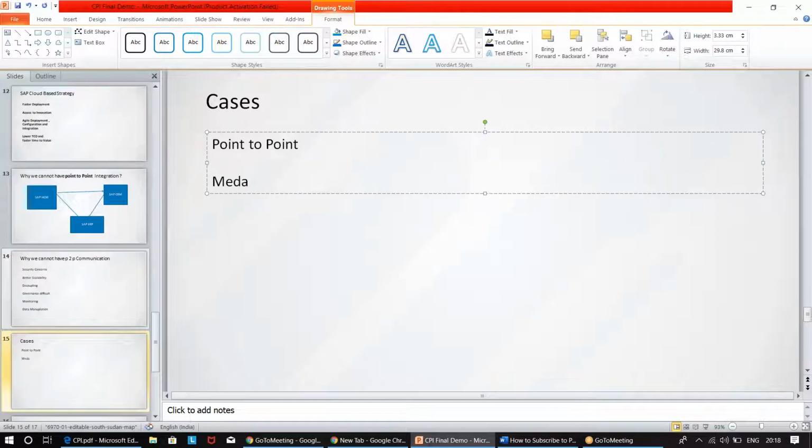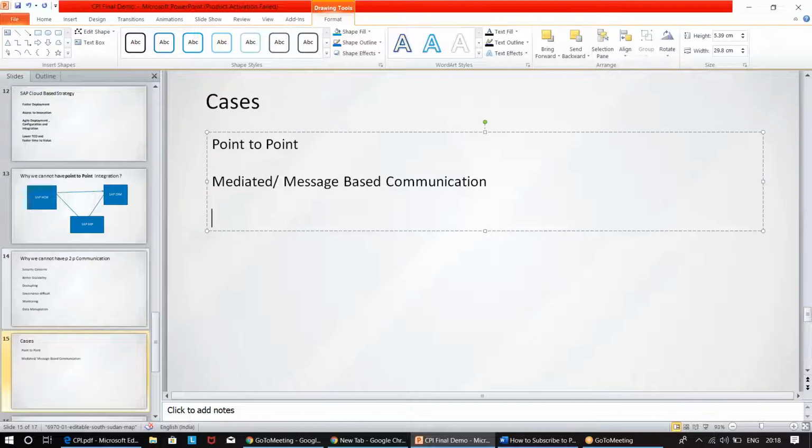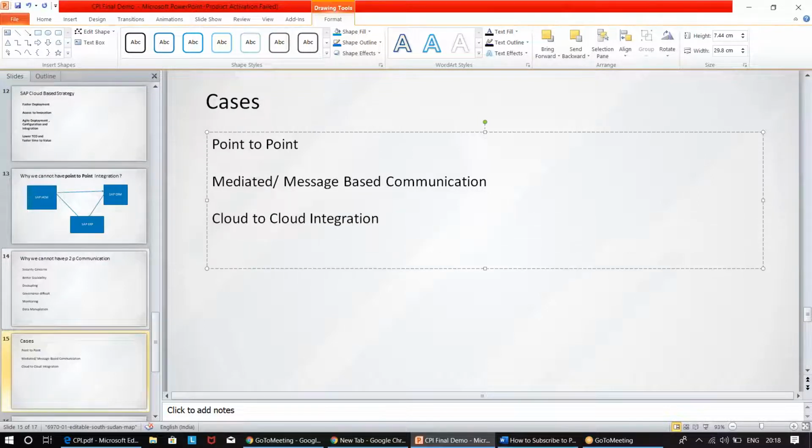Second is what is called mediated, or you can say message based. Third is cloud to cloud integration. The next is cloud to on premise.